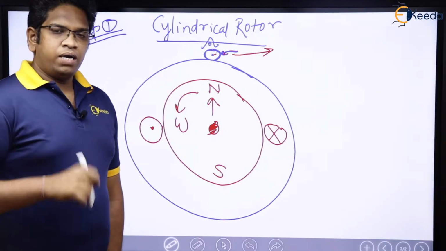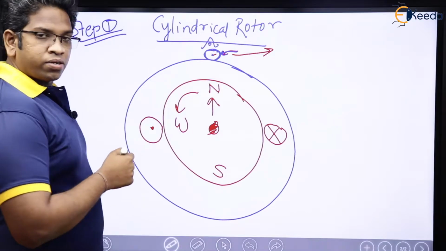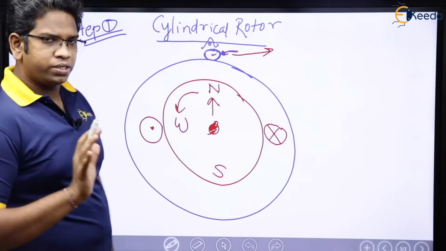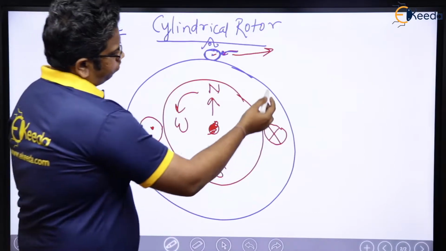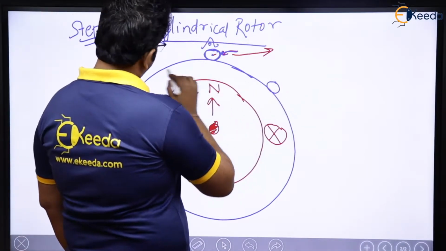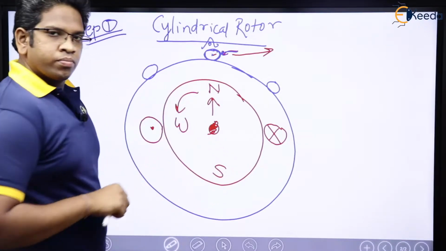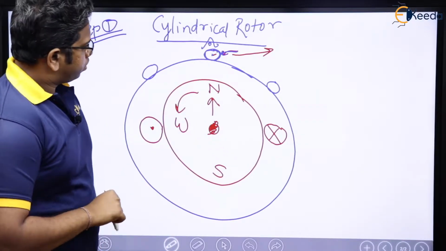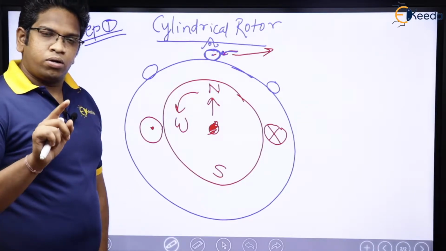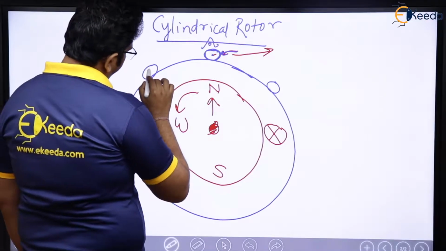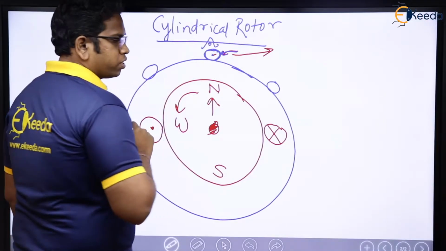Now, I am interested in whether it is going to be sinusoidal or not, because see here, let me think of one more conductor here. Don't you think that here also there has to be some or the other induced EMF?